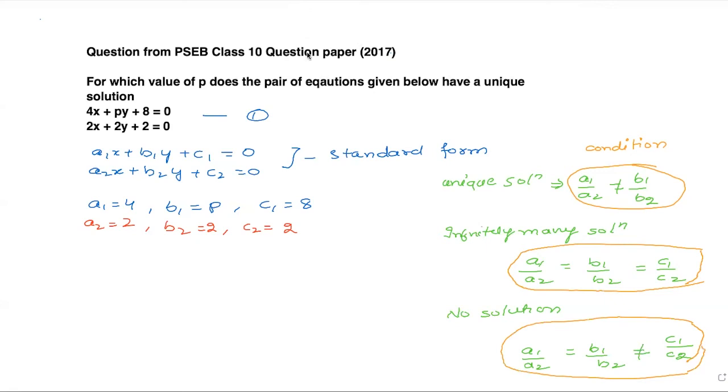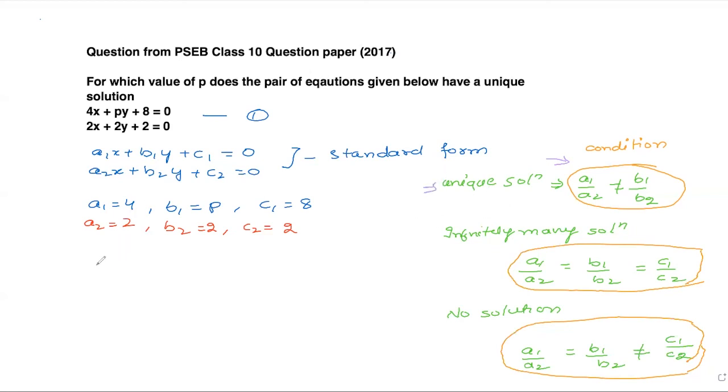Okay. So now back to our question. We are asked for what values of p the given linear equations have a unique solution. So let's pick the condition of a unique solution, which we have discussed, the first point.